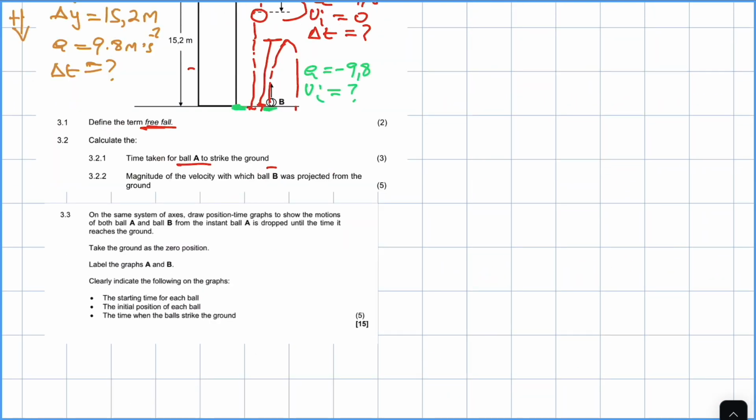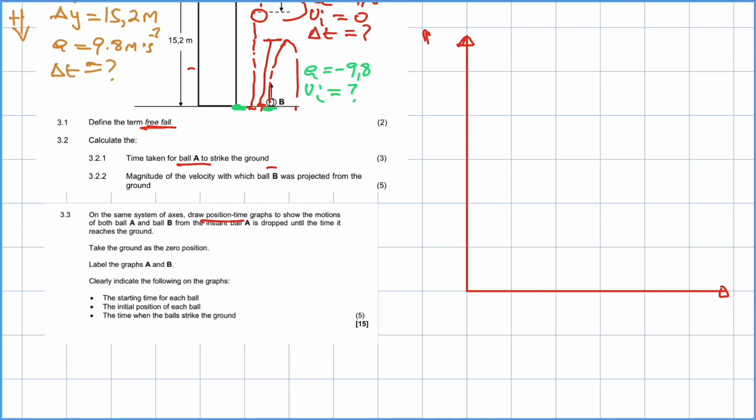Okay, the last question. On the same system of axes, draw the position versus time graph to show the motions of both ball A and ball B from the instant ball A is dropped until it reaches the ground. So we'll do our position versus time graph.